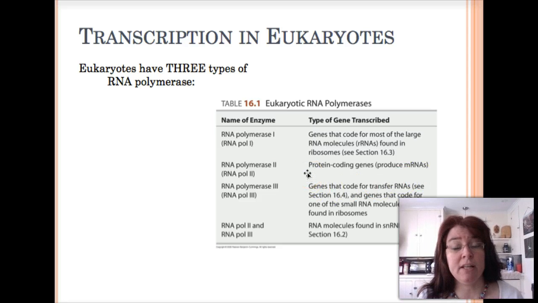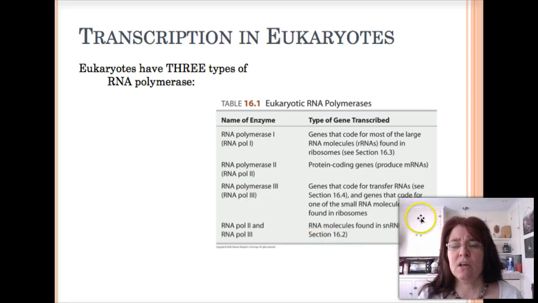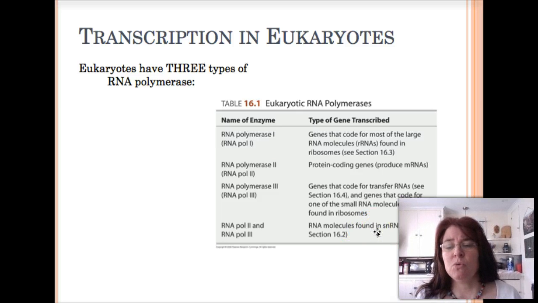This is the type of RNA that encodes for protein production. RNA polymerase 1, in comparison, codes for the genes that help produce rRNA, and RNA polymerase 3, down here, helps produce some additional different molecules, including what are called snRNPs, which we'll talk about in a little while, as well as tRNAs.